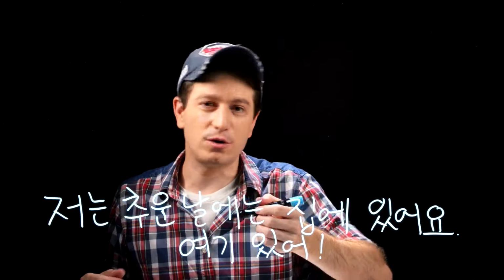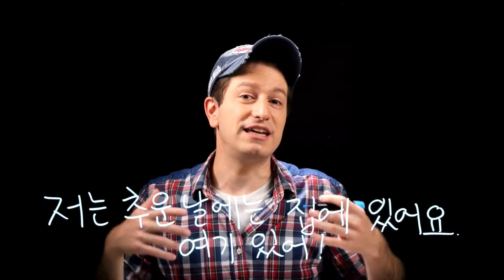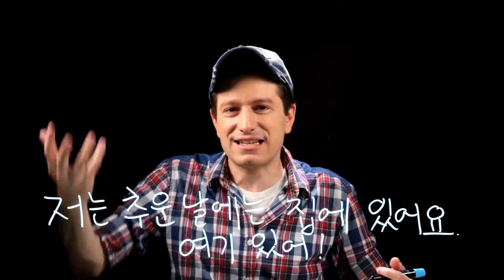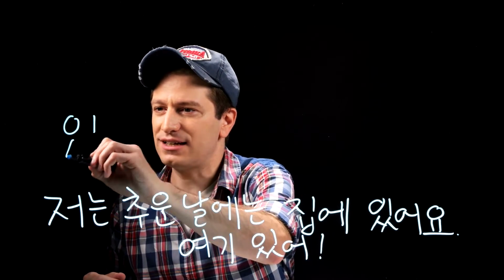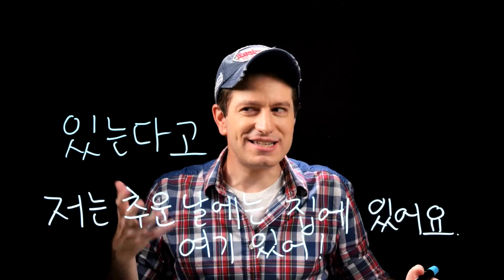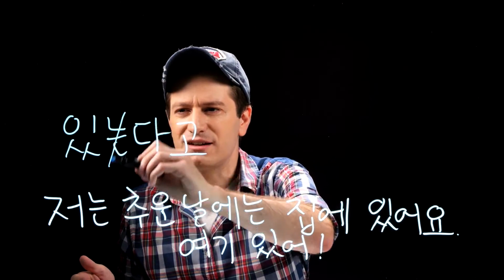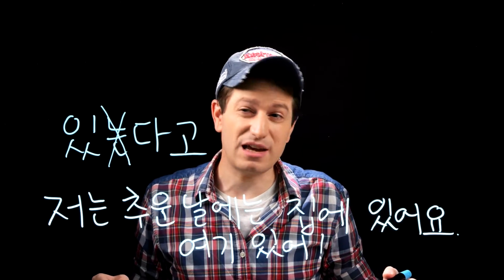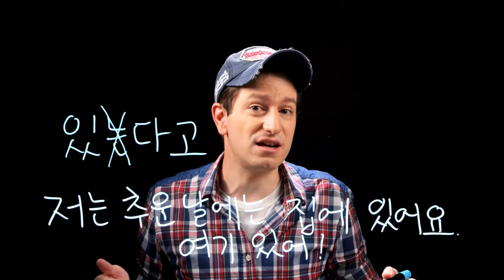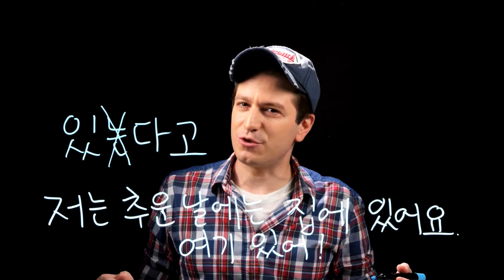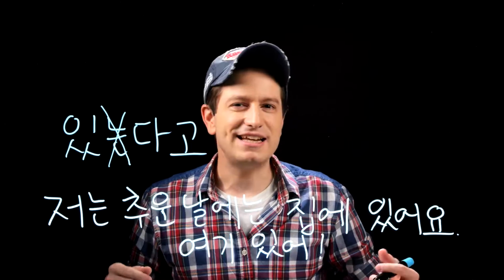Remember that the plain form is also what you would use when you're quoting. So if you wanted to say someone is staying somewhere, it technically should be 있는다고, and then you can finish your quote. But it's actually more common to see native Korean speakers simply conjugate them the same way, 있다고, regardless of what it is that you're trying to say.